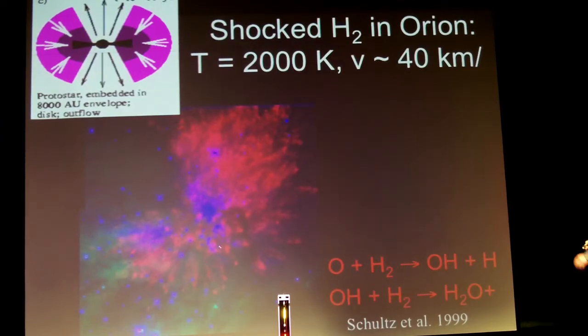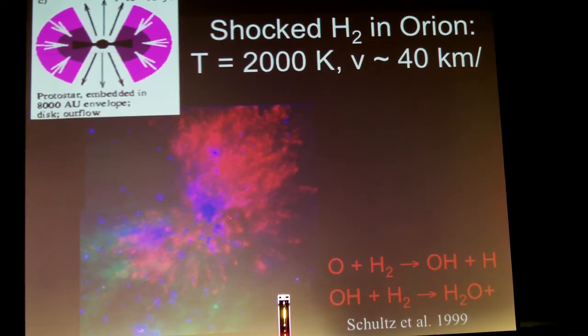So here is a close-up showing an image of light coming from hydrogen molecules in an outflow from a star in the Orion Nebula. The newly formed star is down here, and each of these little blobs that you see moving out, if you squint your eyes, you can see there's a lobe here and a lobe here, and that's supposed to be like these two lobes right there.